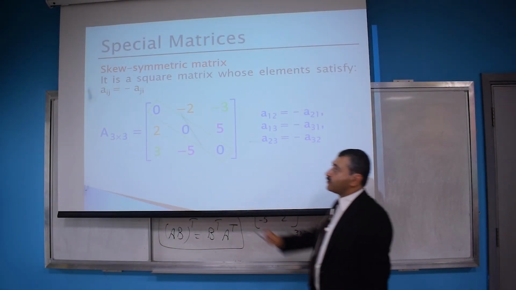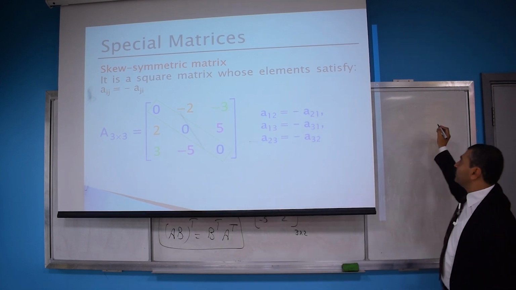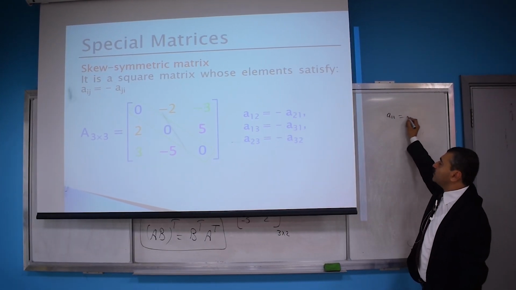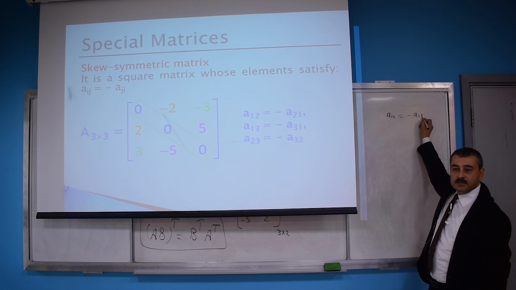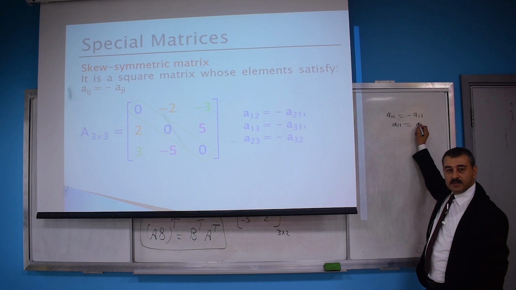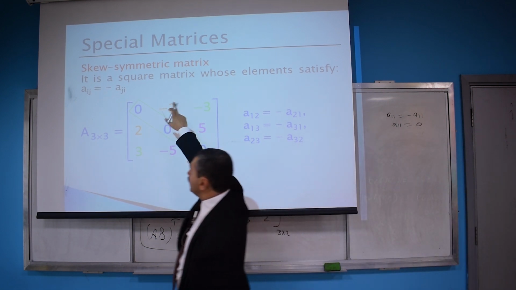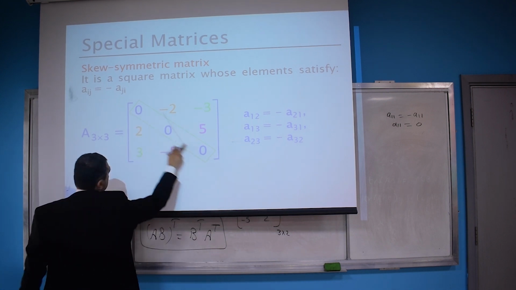To satisfy this condition for all entries, you will get for the diagonal entries, for example, A11 equals negative A11, which means that A11 must be 0. The same for all the diagonal entries.